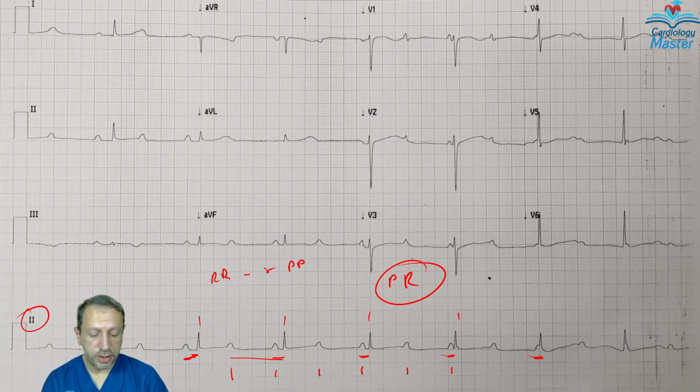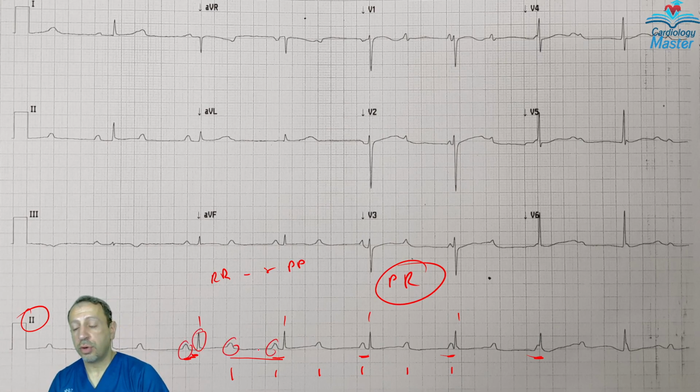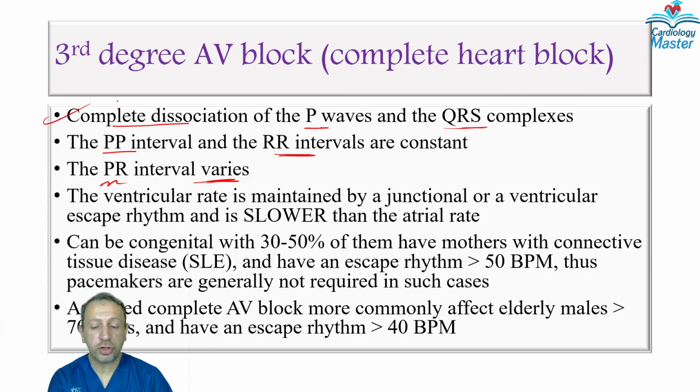So here is the QRS complex, and there is a P wave here. So there is complete dissociation between the P waves and the QRS complexes. So please do not forget those points, that there is complete dissociation between the P waves and the QRS. The PP interval and the RR interval are constant, while the PR interval varies.